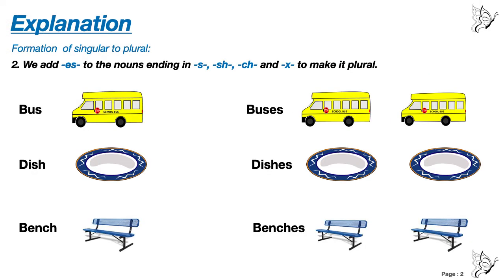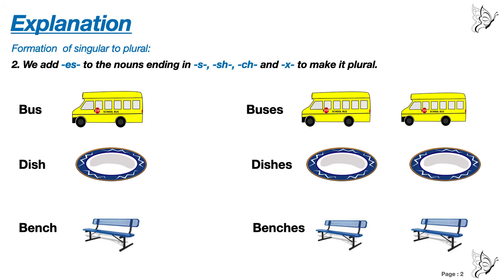Alright, so bus, the noun is ending in s. If the noun is ending in s, अगर कोई वर्ड s से ख़त्म हो रहा है तो उसमें हम प्लूरल बनाने के लिए क्या ऐड करेंगे? es. Dish. The word is ending in sh. So what will we add to make it plural? es.